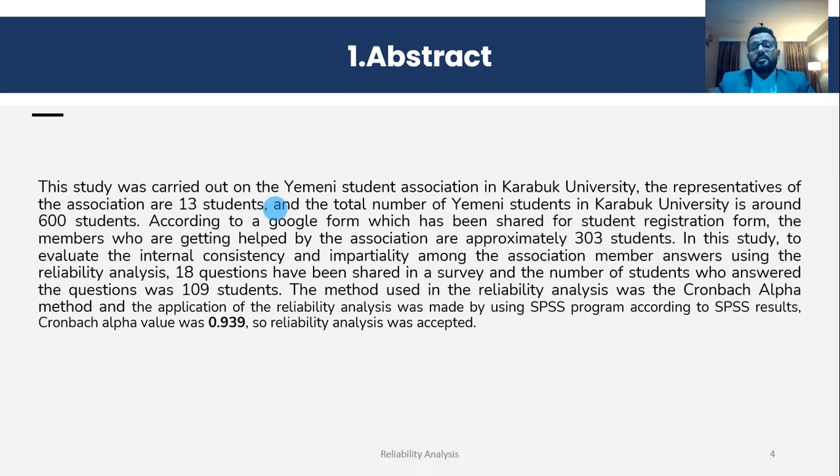The method used was the Cronbach's Alpha method, applied using the SPSS program. According to the SPSS results, the Cronbach's Alpha value was 93%. So the reliability analysis was accepted because it was more than 70%, as we will see in the next slides.